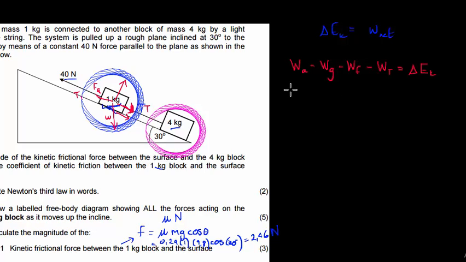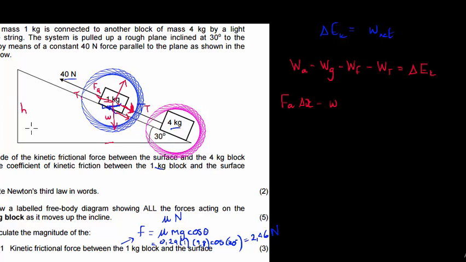Okay, and then if we substitute values, the force applied is 40 newtons. Work applied is, actually let me do it like this. Let's just substitute in like this: force applied times delta x, minus gravity, which would be the force of gravity, which is weight, times the displacement along the height, this height.